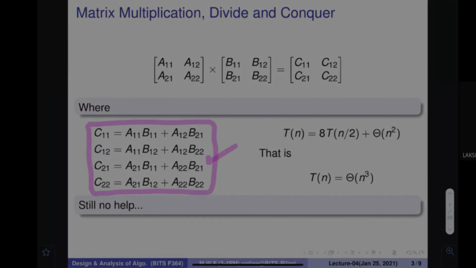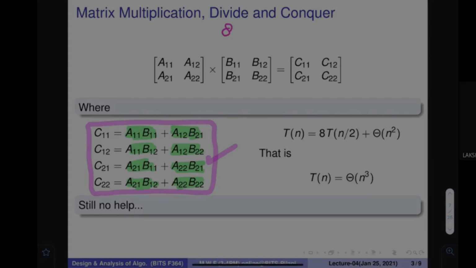So can you tell me how much computation time is needed in this particular setting? Again, we have to find out how many operations we need, since we are dividing the problem into smaller ones. I need to do this matrix multiplication, this, this, this, this. How many such? Eight multiplications. I have to do eight matrix multiplications.